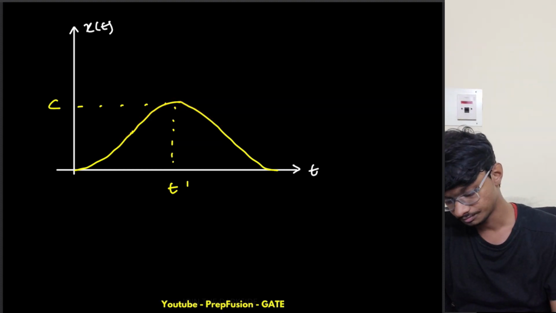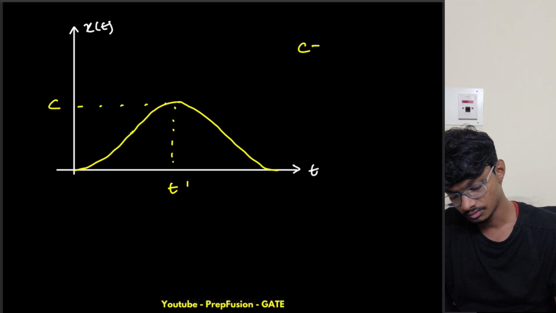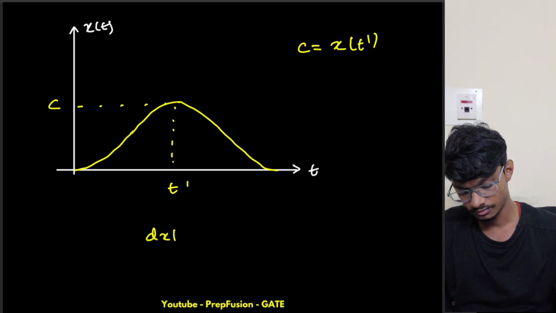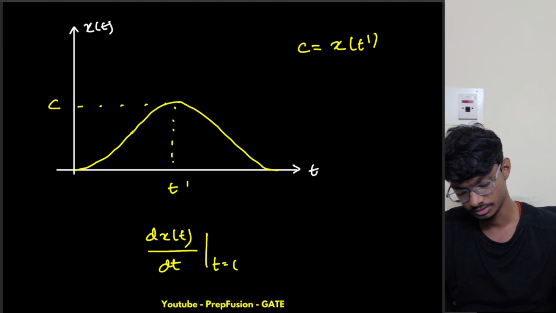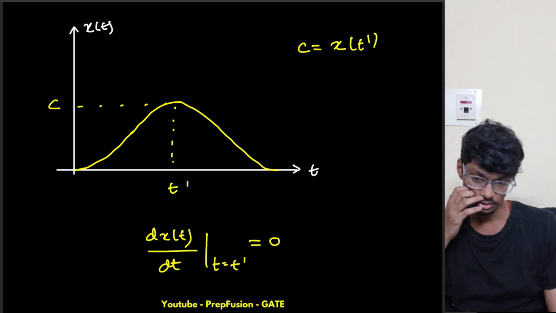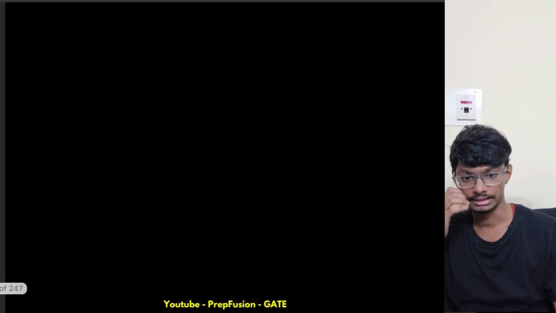So c equals x of t dash, where dx of t by dt at t equals t dash should be equal to 0. Slope should be 0.